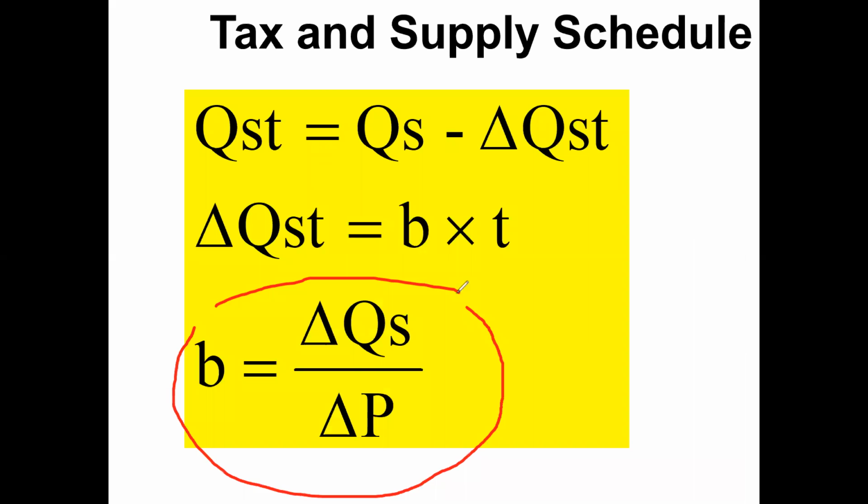First you calculate the B value, then B into T, then this one. So first you need to calculate the B value.